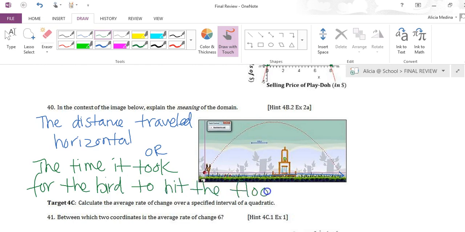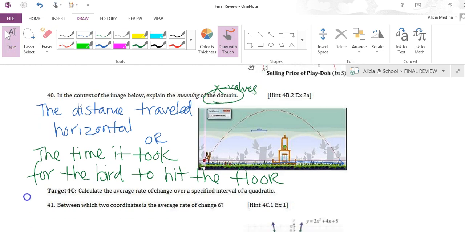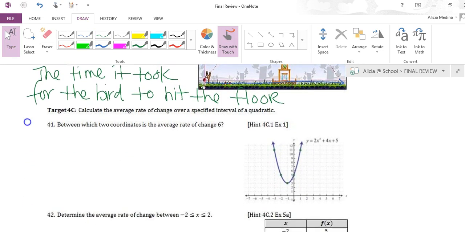Either option is correct. You just have to make context of whatever that x-axis can be. Because again, domain is our x values. So what would make sense to put on the graph? Doesn't make sense to say how high it went, right? Because that would be measured on the y-axis.